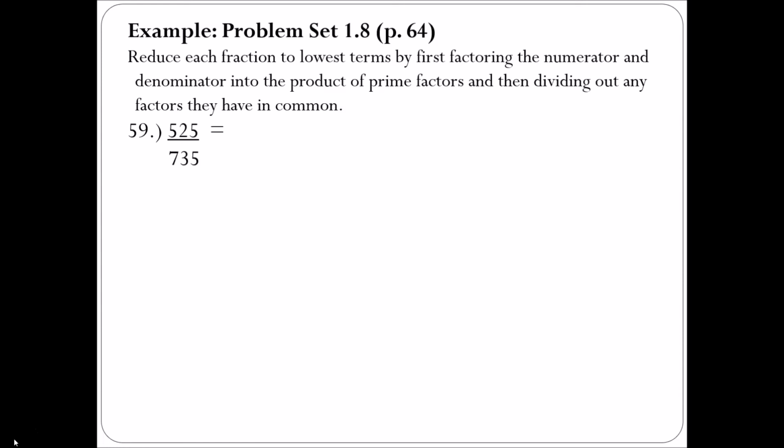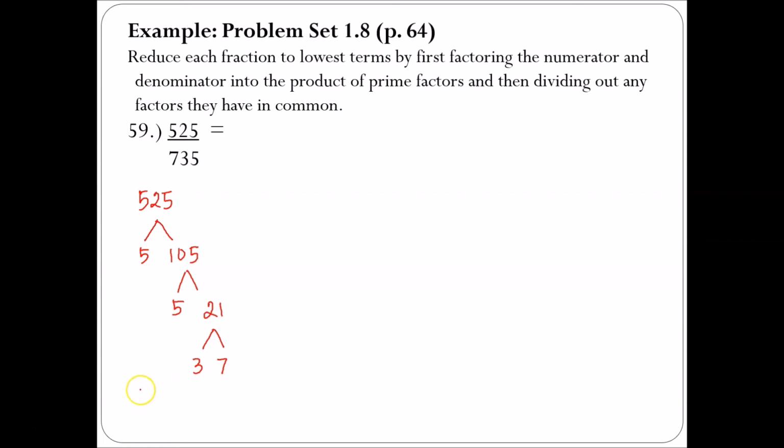So once again, let's factor out the numerator and the denominator one at a time. So let's start with 525. So 525 can be written as 5 times 105, and 105 can be written as 5 times 21, and 21 is 3 times 7.